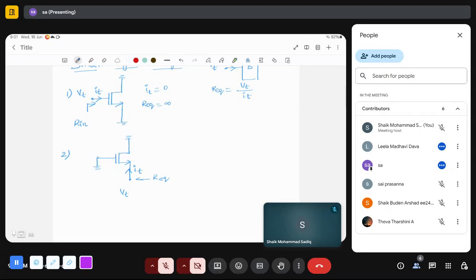Minus GM VGS. What is VGS? Minus VT. So it is nothing but 1 by GM.